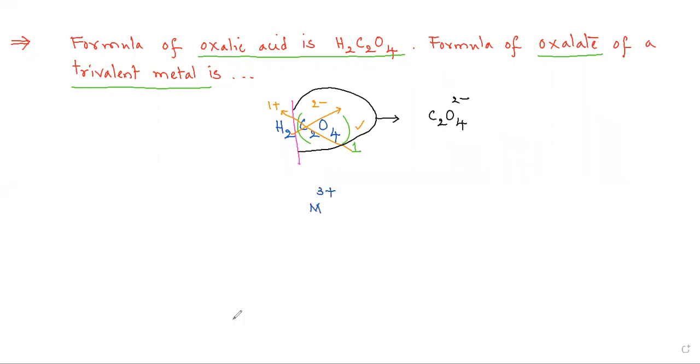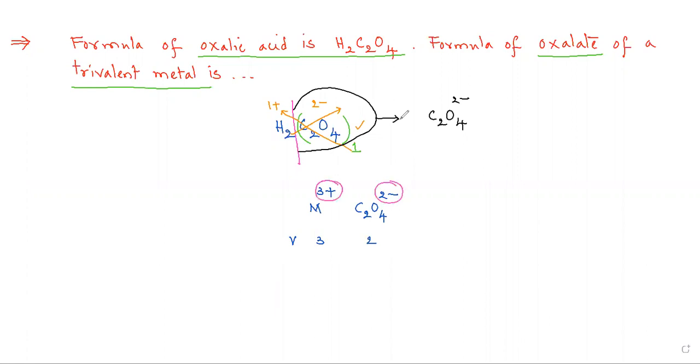Metals generally form cation. So take it as M3 plus because they say that it is a trivalent one. Yes, the valency of the metal is 3. Come on, combine this with oxalate. All right. So what is the valency of oxalate ion? 2. Very simple.